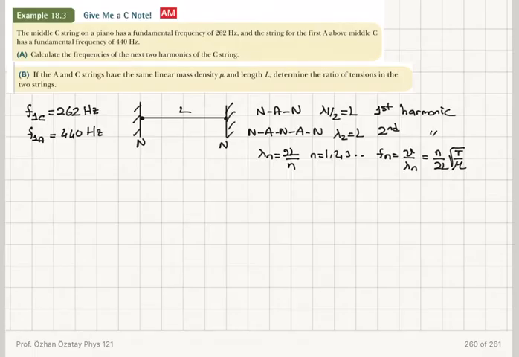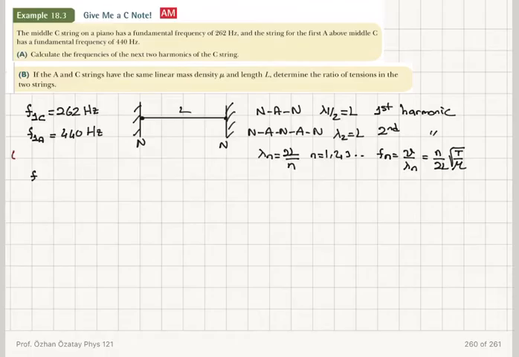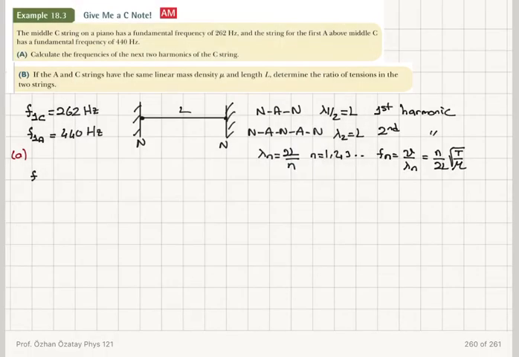So because I have this integer multiple relationship between frequencies, if I start solving this problem in part A, I need to know the second and third harmonic of middle C. The second harmonic is going to be twice F1C. The third harmonic will be 3 times F1C.